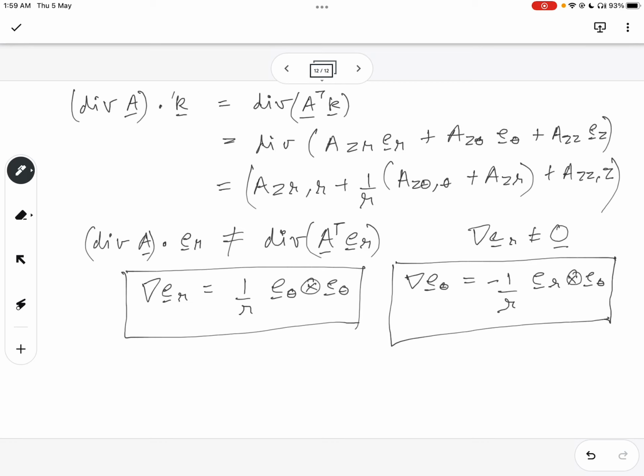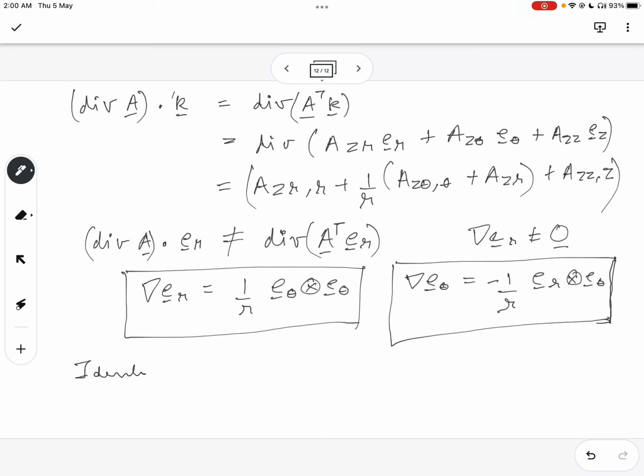We already have our definition of gradient in terms of polar coordinates; just put v as ER. We'll use an identity going further, which can be easily proved using the product rule and indicial notation.